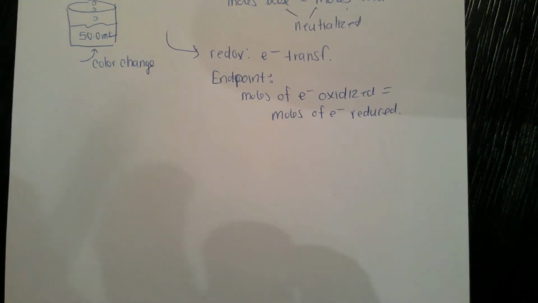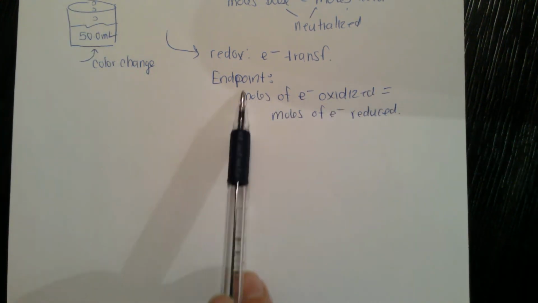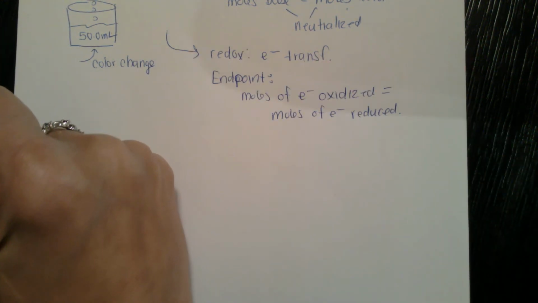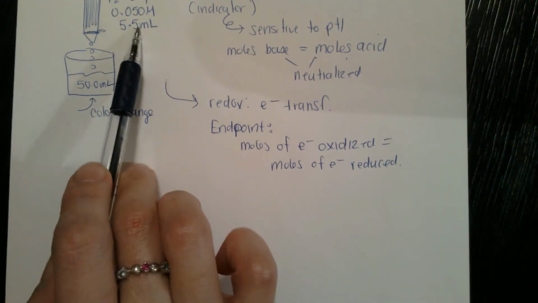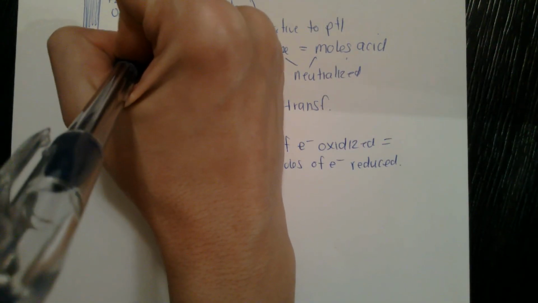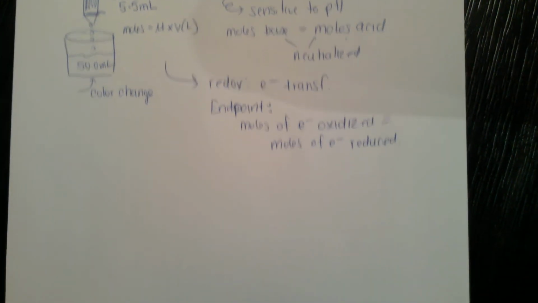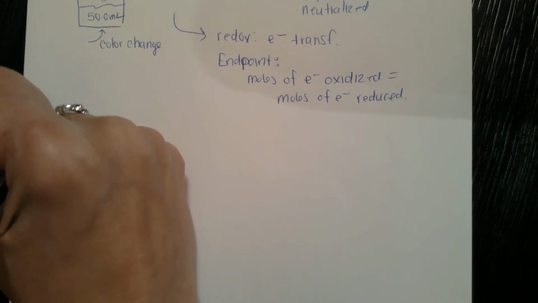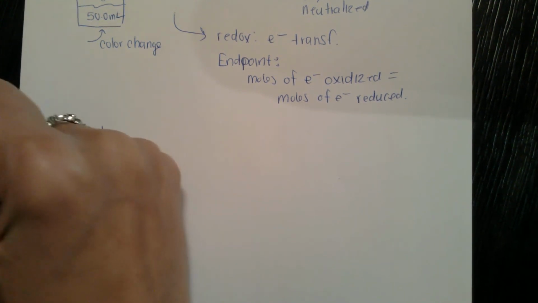Let's write it out. We are going to need to look at moles of things that are happening here. In order to get moles, we have a volume and we have a concentration. So moles equals molarity times volume in liters. That 5.5 milliliters is 0.0055 liters.